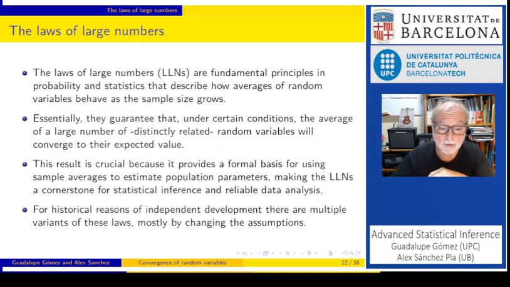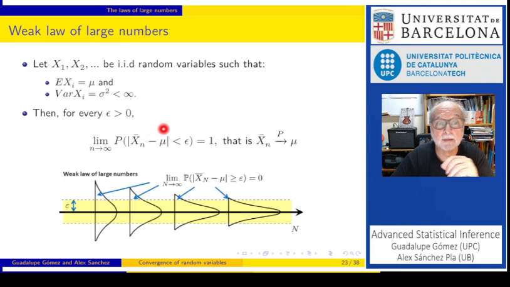Okay, so in that case, the weak law of large numbers is stated with a familiar idea. We have a sequence of IID random variables with mean mu and variance sigma squared. Then the limit of the probability that the absolute difference between the sample mean and mu is smaller than epsilon is 1, which is equivalent to saying that the sample mean converges in probability to the population mean.